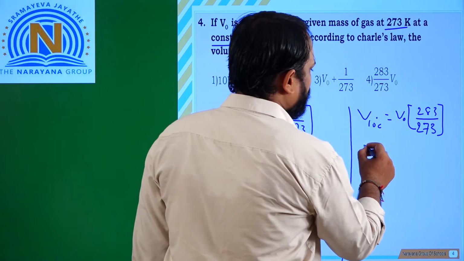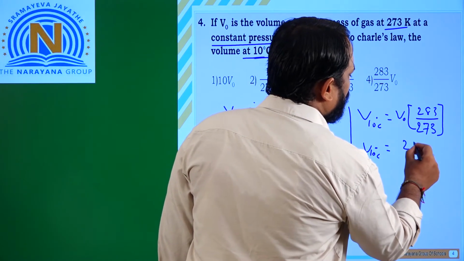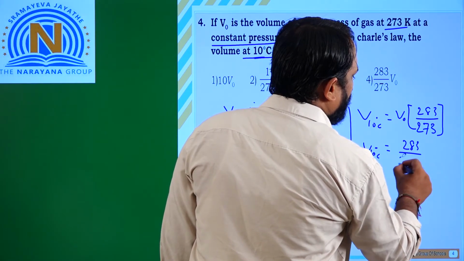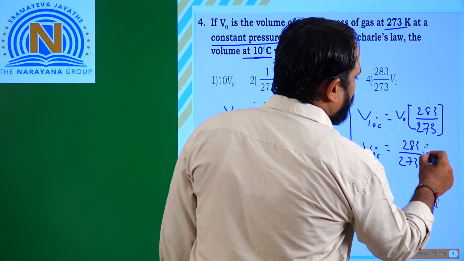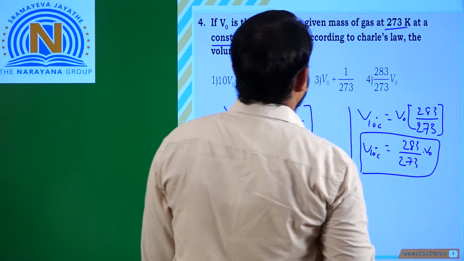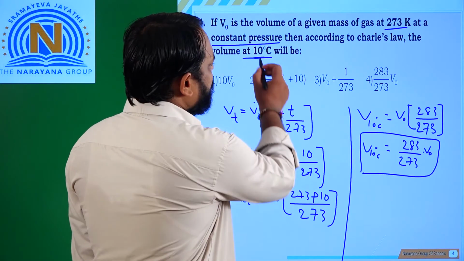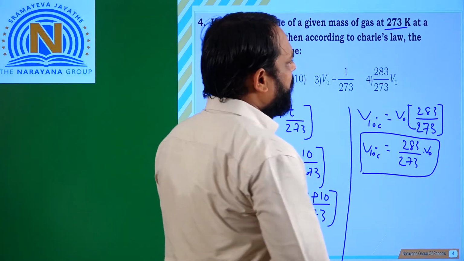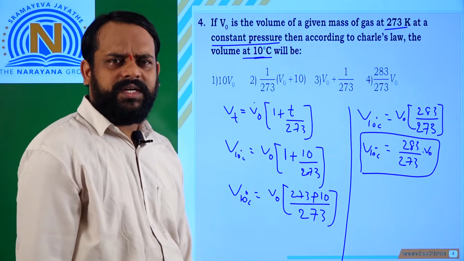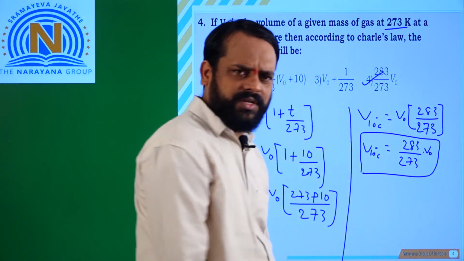So V at 10 degrees Celsius is equal to 283 by 273 into V naught. That means according to Charles law, the volume at 10 degrees Celsius will be 283 V naught by 273. So which option? The fourth option is correct.